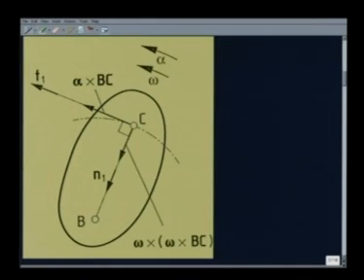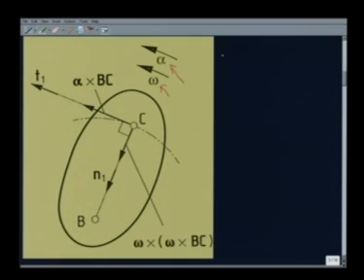Now, we consider the difference of acceleration between these 2 points, namely C and B. As we have already noticed, with respect to B, the C is going in a circle, because the distance BC never changes, so C goes on a circle with B as center, and the angular velocity of the line BC is omega and the angular acceleration of the line BC is alpha, which are nothing but the angular velocity and angular acceleration of the rigid body.